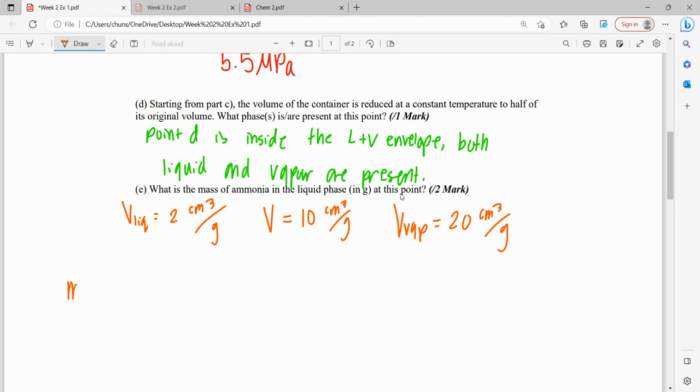Okay, so we want the mass of the liquid phase. We can make that a ratio, which is equal to (V vapor minus V) over (V vapor minus V liquid).